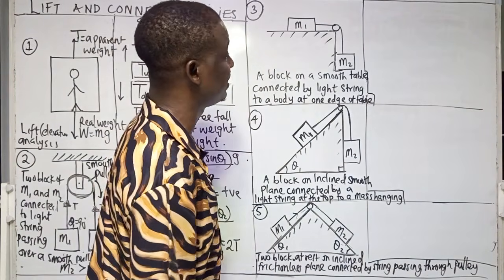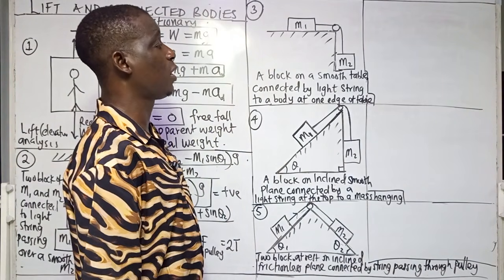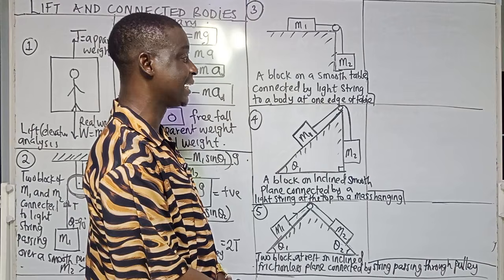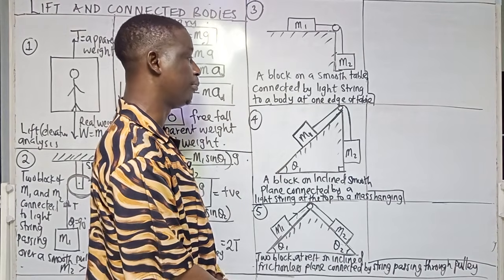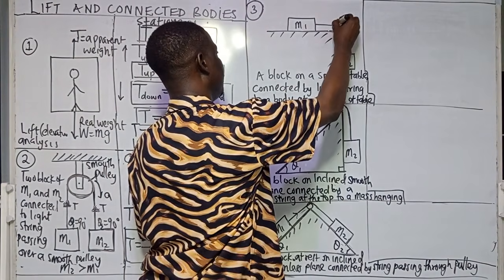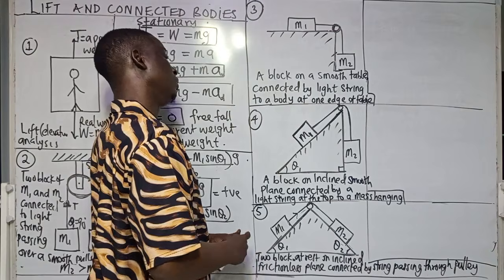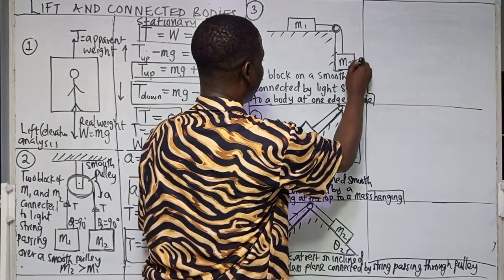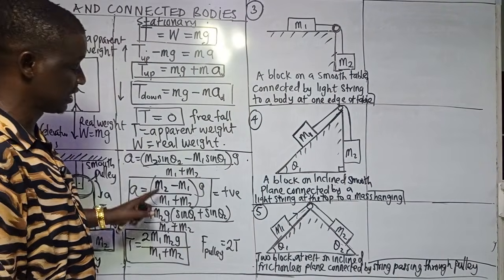Now let's go to the next one. We have a block on a smooth table, as you can see in the diagram, connected by a light string to a body at one edge of the table. So this one is hanging freely. Now we are still going to use this formula.